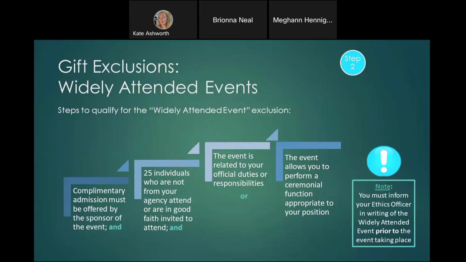Basically, we want to see events that are not trying to hone in on one certain agency. And the event is related to your official duties or responsibilities, and that can generally be met by making sure that there's a speaker addressing an area of public concern and then it needs to be related to your employees' job duties. Or the event allows you to perform a ceremonial function appropriate to your position.